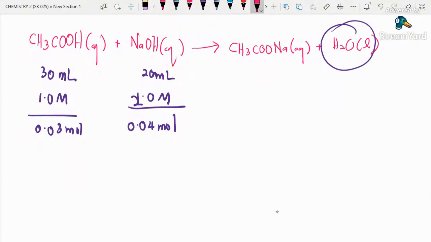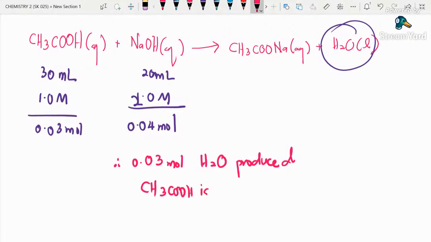Kita kata, siapa yang kecil? 0.03. So therefore 0.03 mole of water produced from this reaction. Statement ini penting. Kenapa? Because acetic acid is a limiting reactant.